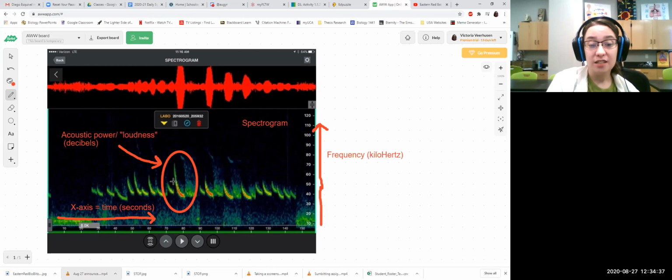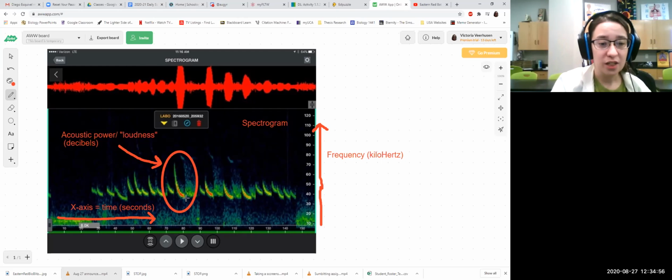So that's why you're seeing this curve. It gets high frequency over time, and then as the sound travels over time, the wavelengths get shorter and shorter, and thus the frequency gets lower.